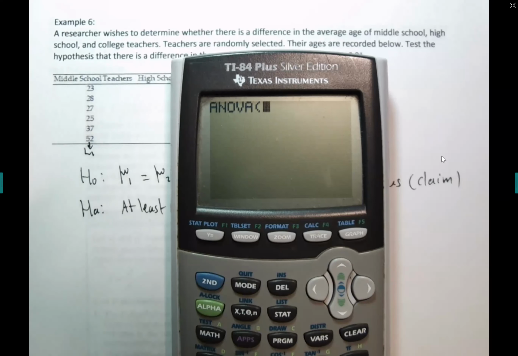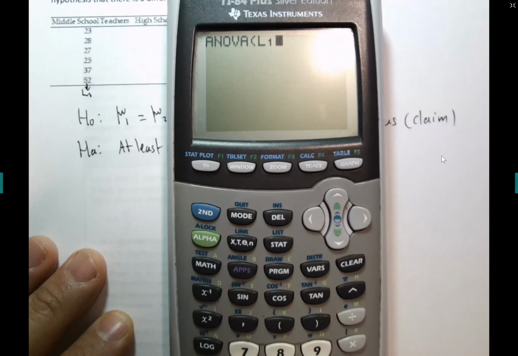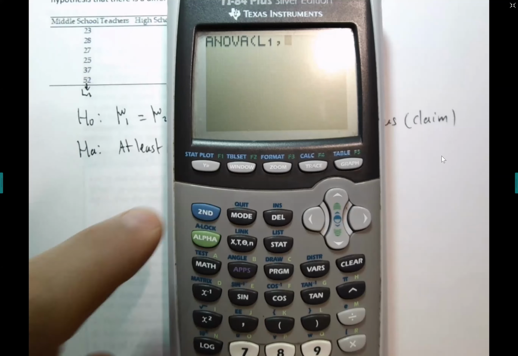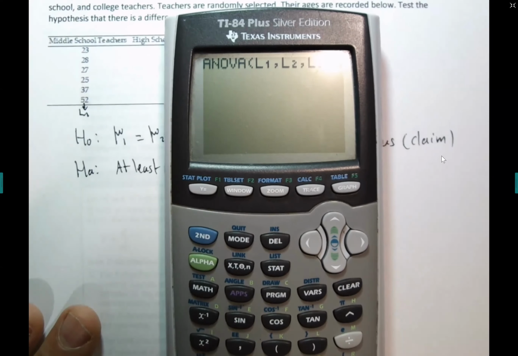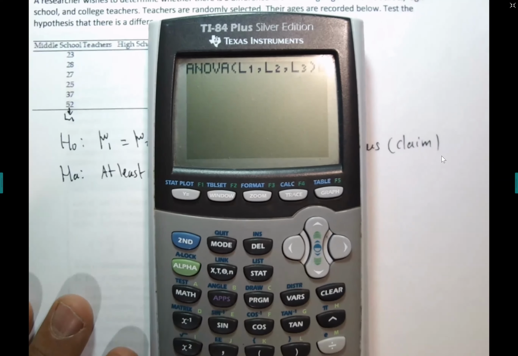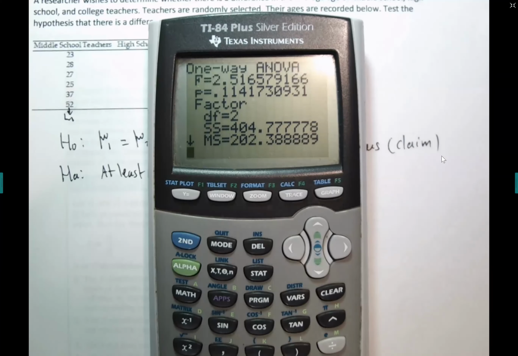And again, L1, comma. Let me show the comma here. Second 2, comma. Second 3, close. And enter. There you go.